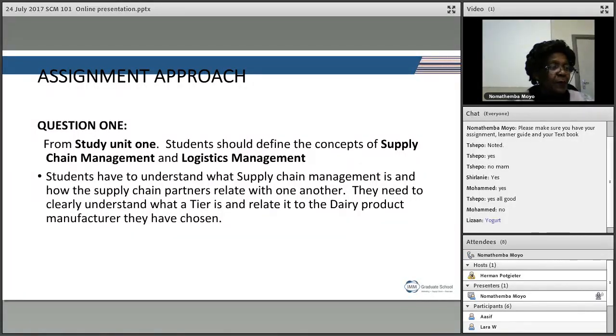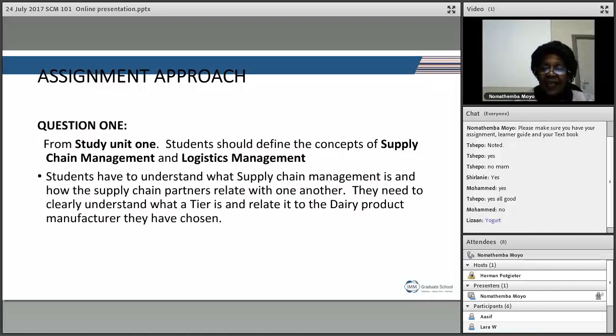We have looked at 1.1, 1.2, 1.3. Question 2. I had said question 1 from Study Unit 1. You'll get that from Study Unit 1. Students should define the concept supply chain and logistics management. Students have to understand what supply chain management is and how the supply chain partners relate with one another.